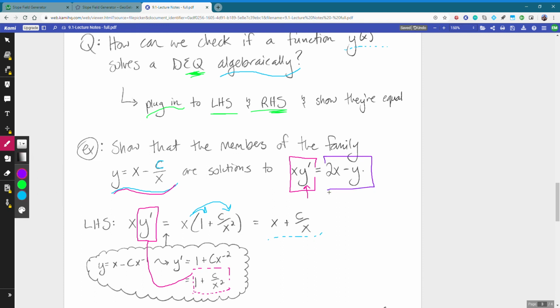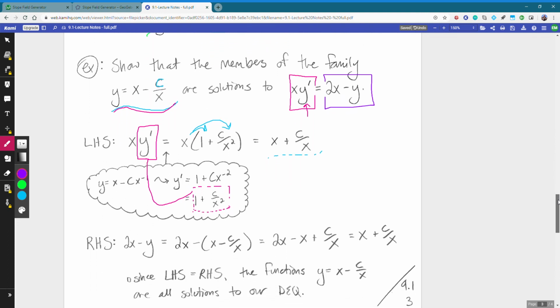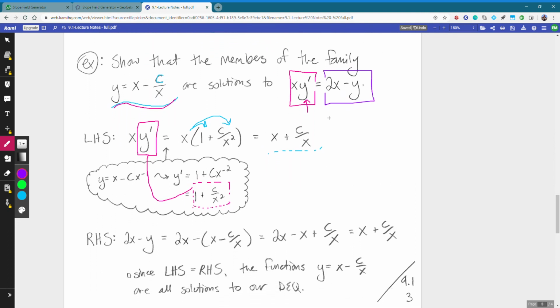Now we just have to look at the right-hand side and see that it matches. We don't need to do anything for the x, that's just our input variable, but we do need to pop the y in where it goes. And so our y comes right here from our function definition.